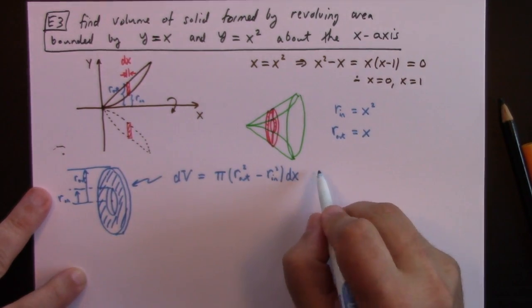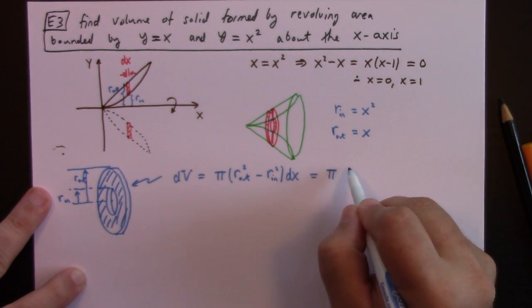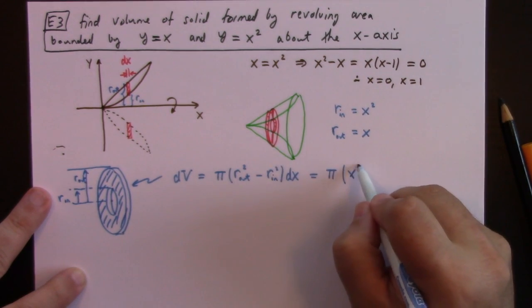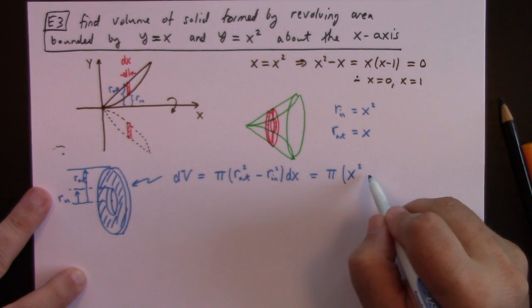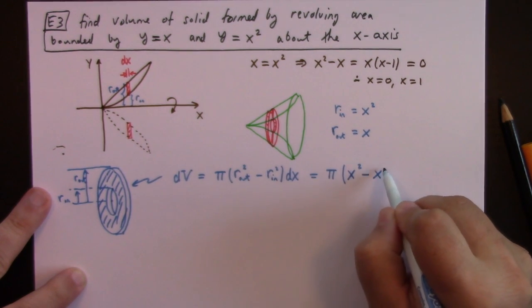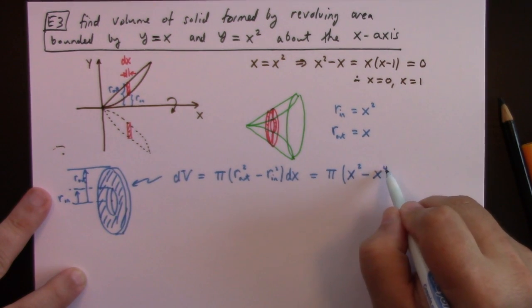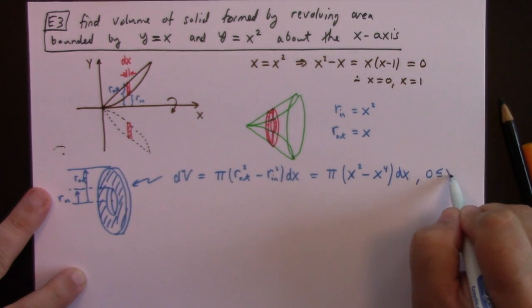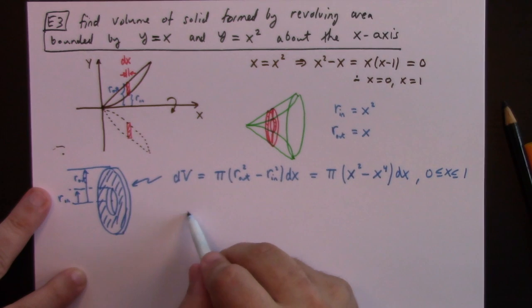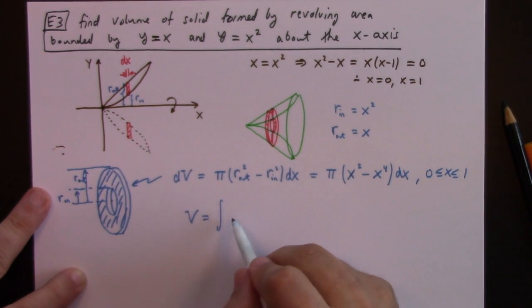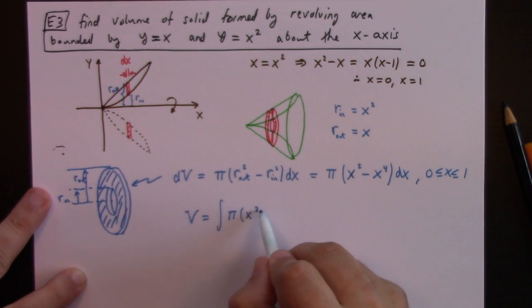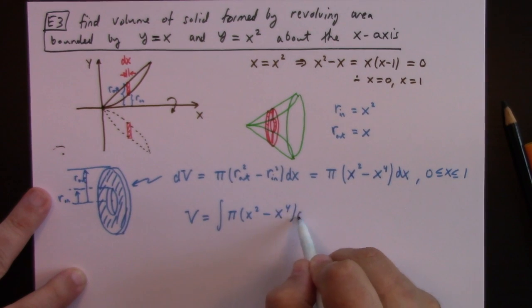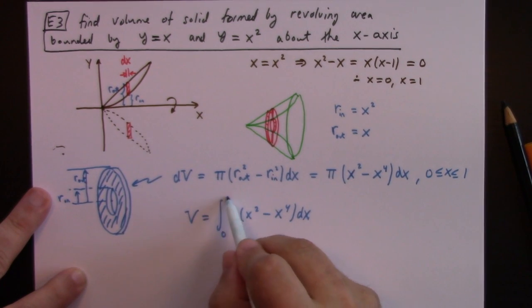Of course, for this one, this is just pi times x squared minus x to the fourth, because x squared squared is x to the fourth, dx. And that's for 0 less than or equal to x less than or equal to 1. So the volume is the integral of pi times x squared minus x to the fourth dx from 0 to 1.